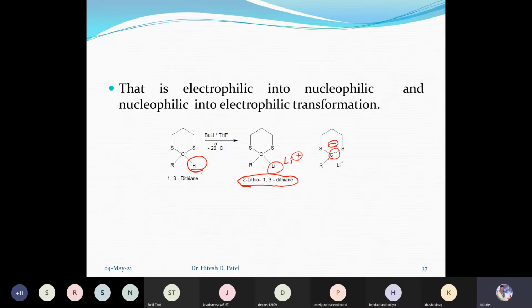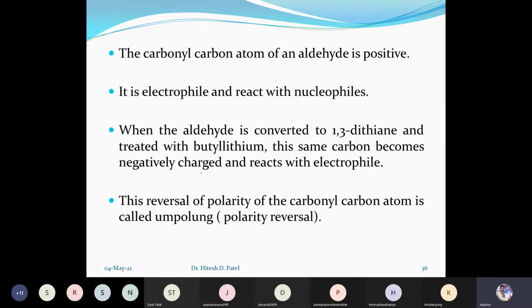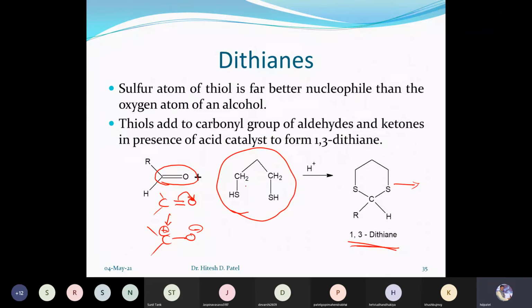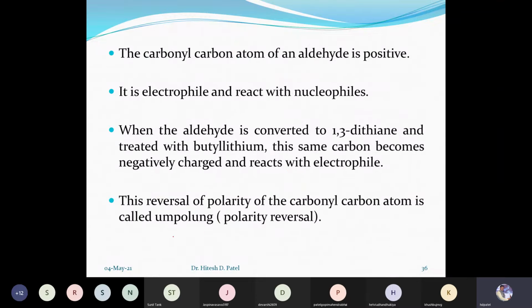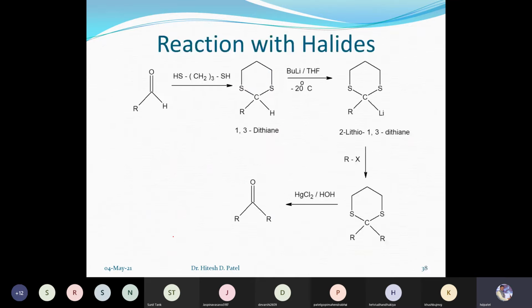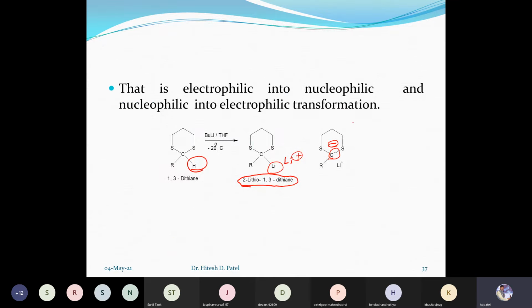So what we have done, we started the reaction with a carbon that is electropositive, but after several changes, by treatment with chemicals, that carbon has a negative charge. We have converted the carbonyl C double bond O, C plus, to C minus.